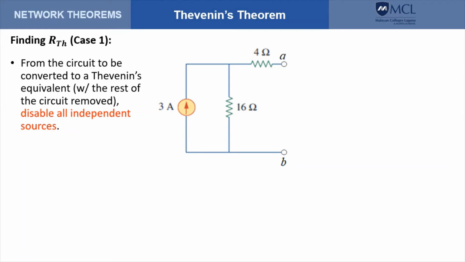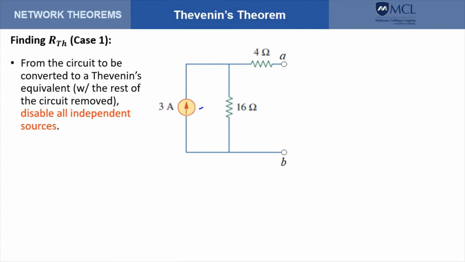After getting VTH, we also need to find RTH. And to do that, again, we go back to the circuit that we want to convert. The rest of the circuit is detached, and we disable all independent sources. So here we have an independent current source. We need to remove this one.